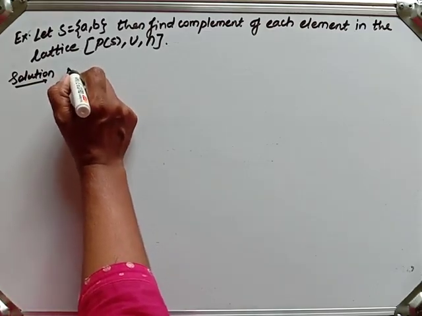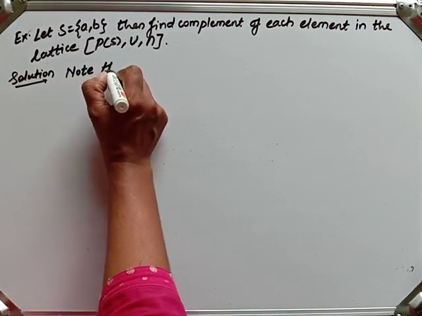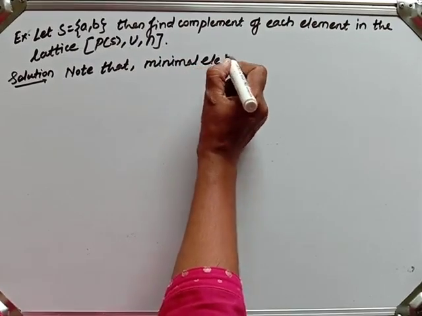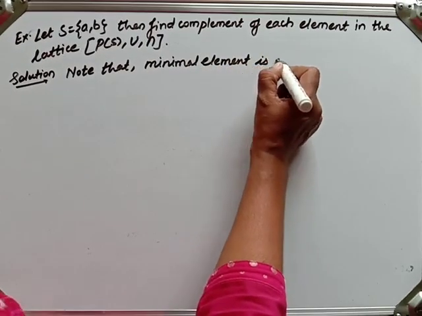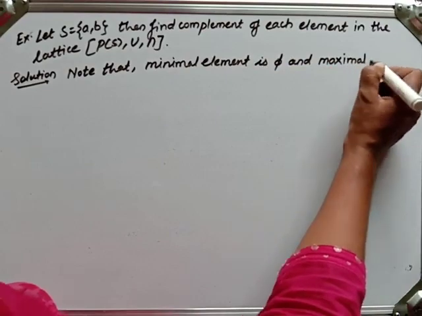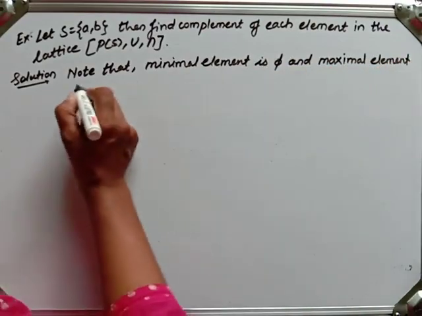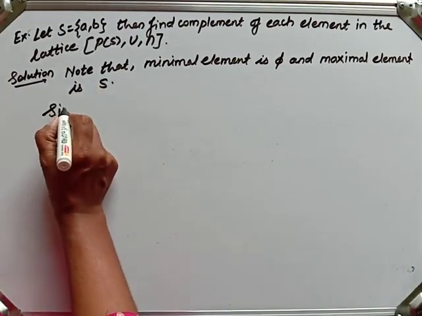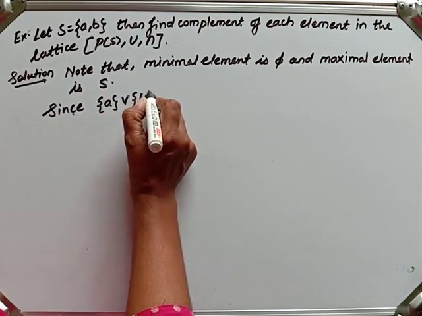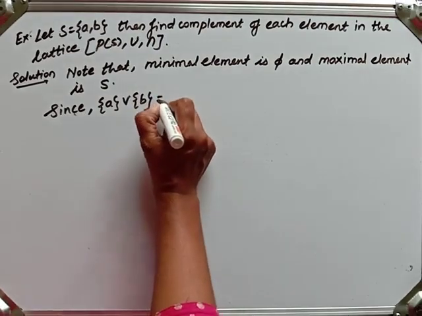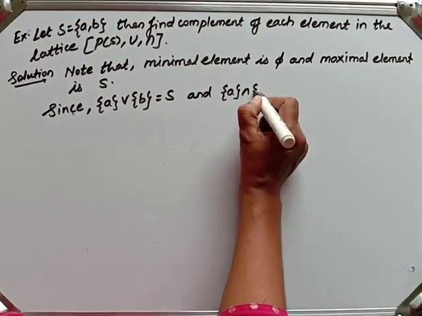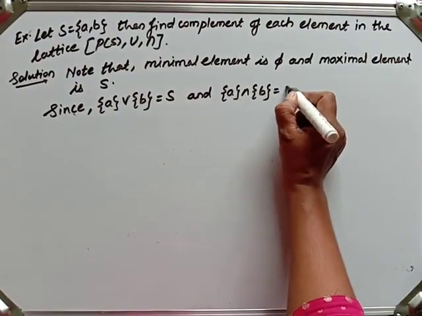Here we note that the minimal element is the empty set, and the maximal element is S. Since singleton a join singleton b, join meaning union here, is the set S, and singleton a meet singleton b, meaning the intersection of them, is the empty set.